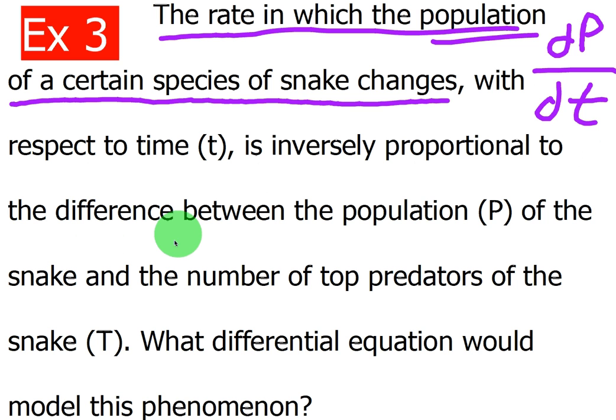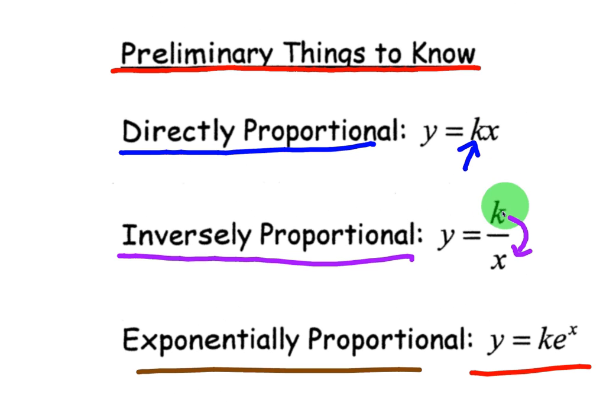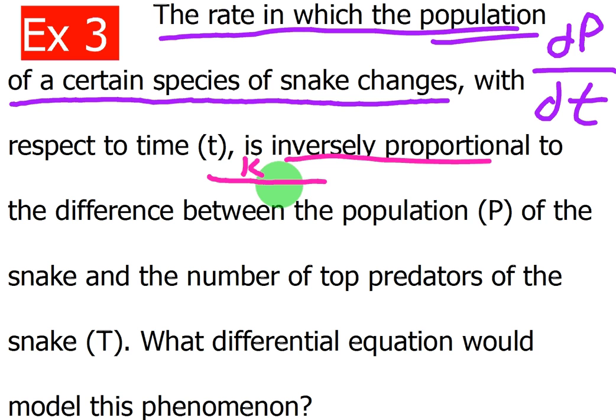With inversely proportional, as soon as you see that, what you want to do is put the k on top of the fraction. This is going to be very small, but I'll give you more room when we write the answer. When you say inversely proportional, put k on top of the fraction bar, and whatever comes after that is what you put on the bottom. That's because, again, inversely proportional means k goes on the top and then your variable goes on the bottom. So right off the bat, when I see inversely proportional, put k on top and then a fraction bar.